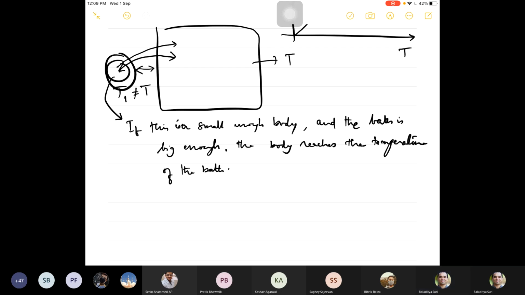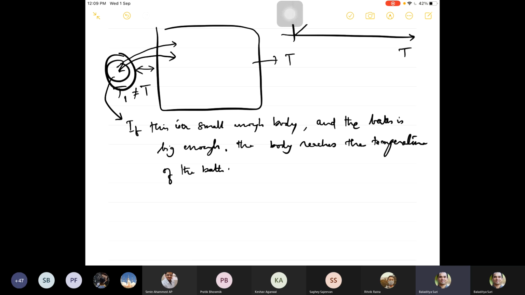So according to the second law of thermodynamics, there is a non-zero change in the entropy of this process. We also said that this was an irreversible process.